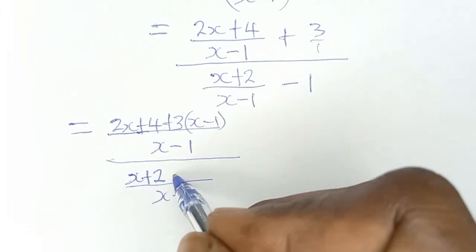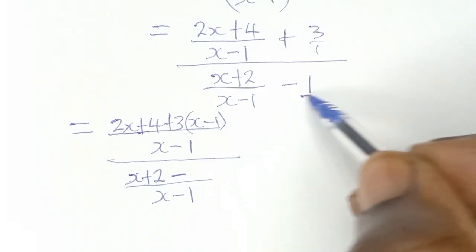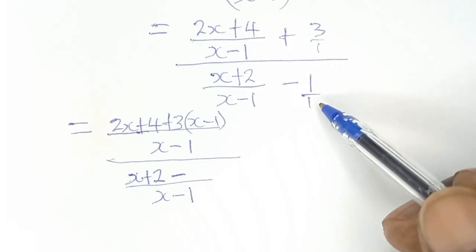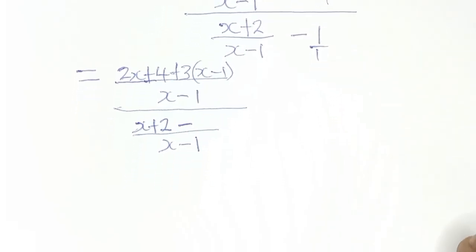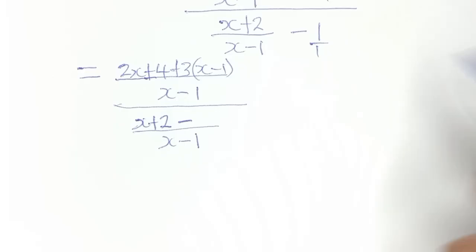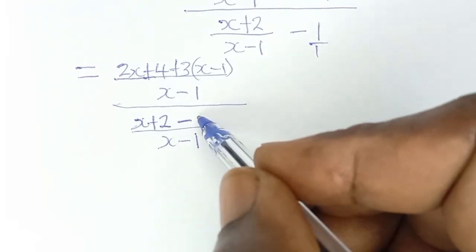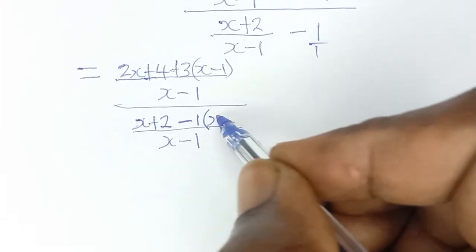And then this negative sign here, I have to be careful with it. So this is like 1 over 1. So x − 1 divided by this 1 will remain x − 1. And then multiply by this 1 up. So I still have 1, that 1 up, multiply by this x − 1.